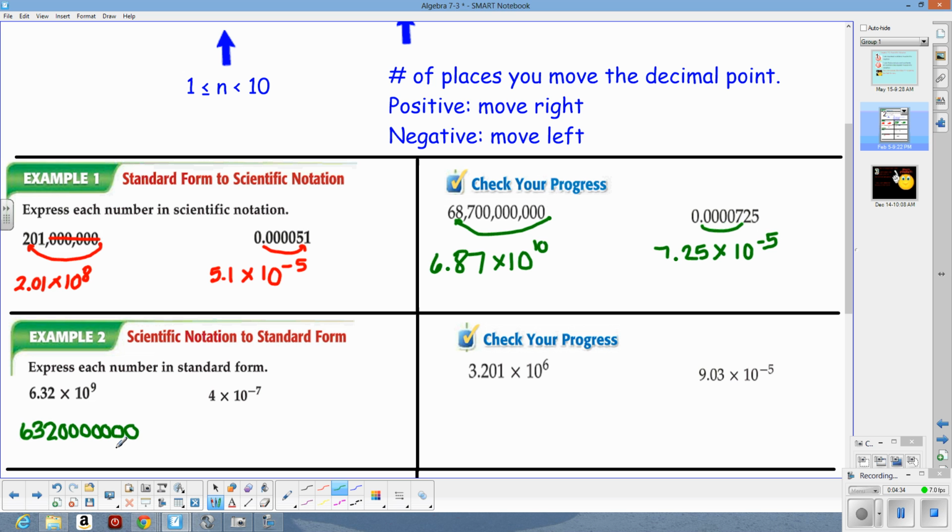Now when you go ahead and put in your commas, remember it's every 3 numbers from the back end. So there's your answer. One common mistake I'd like to point out is a lot of students think that this number has to do with how many zeros you add, and it does not. It has to do with the number of decimal places you move.